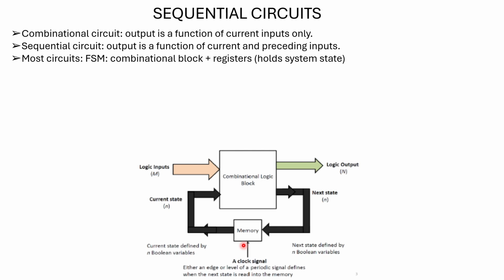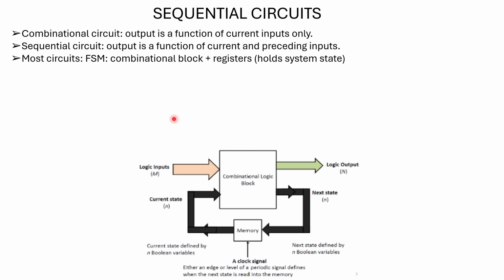It can either be an edge or a level triggered flip flop, and it gives me an output which is the current state, also of N Boolean variables. Based on the logic input and current state, my output is defined. So the sequential circuit output is a function of the present input and preceding inputs, which define the state of the system. And as I already told you, most circuits are finite state machines, a combination of a combinational circuit plus the registers.